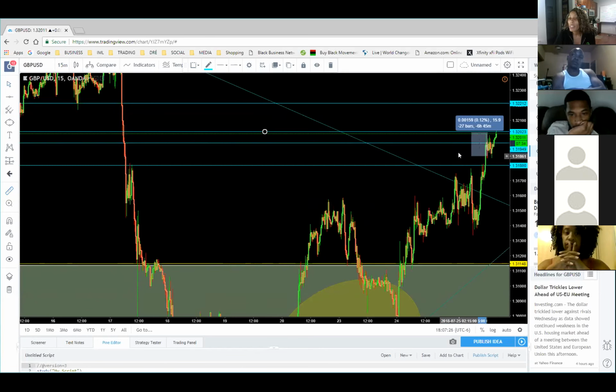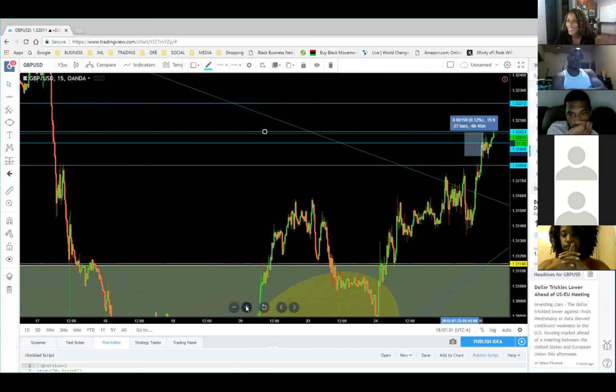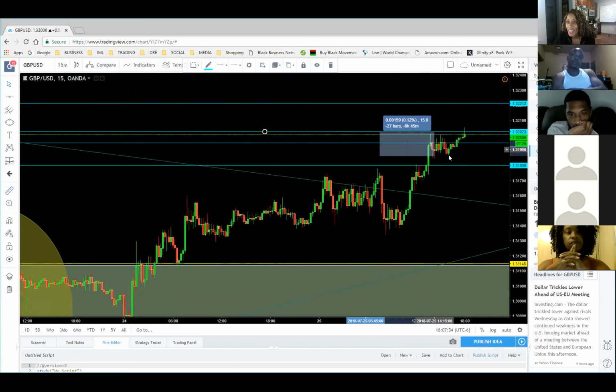And how many 15-minute candles have we been in for 15 pips? Do you see what I'm saying? You would have gotten in at that 50% line, let's say the first one: 1, 2, 3, an hour. 1, 2, 3, 2 hours.